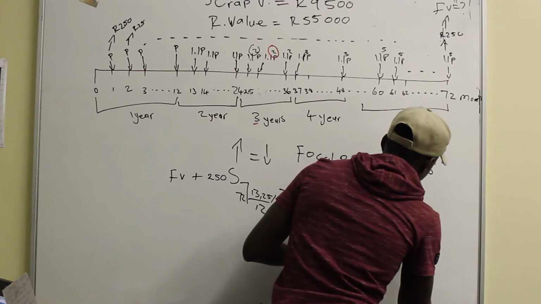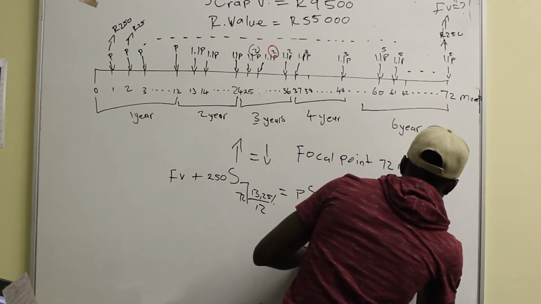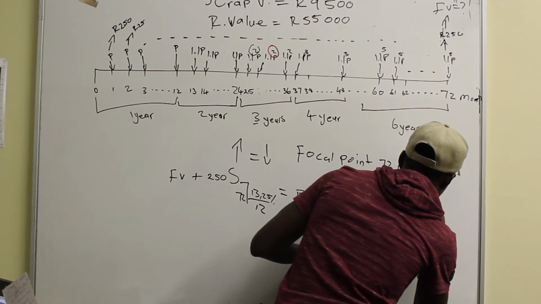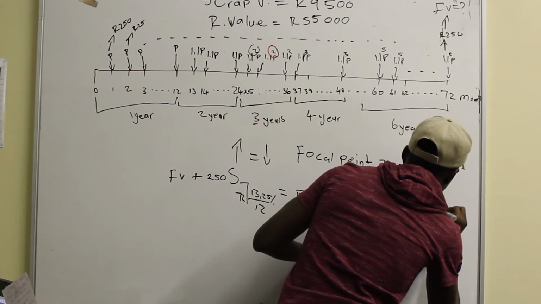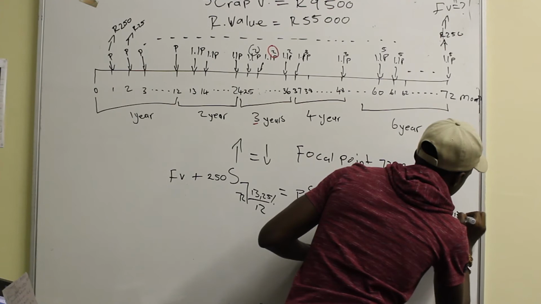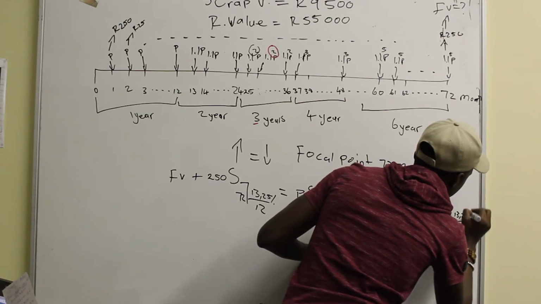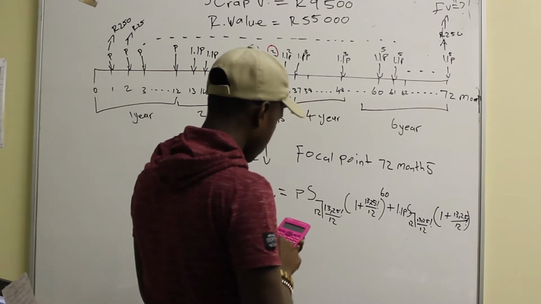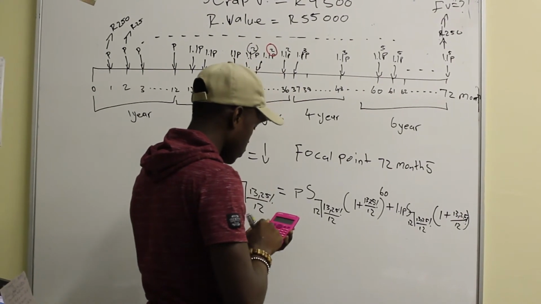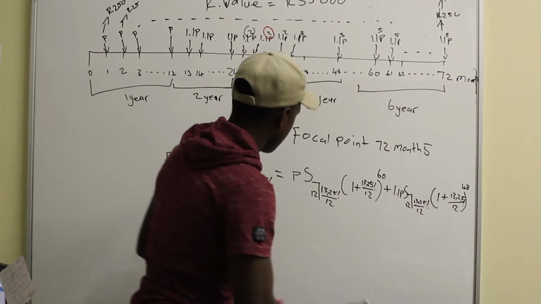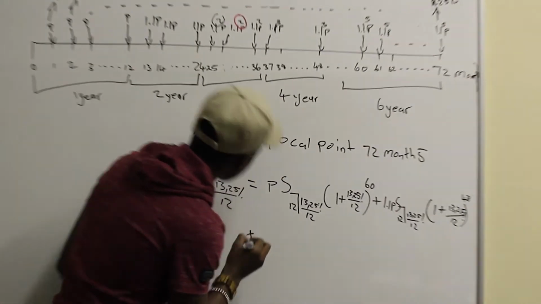1.1P as 12, same thing, 13.25% divided by 12. We're shifting it forward. So 60 minus 12 is 48. And then you continue again.